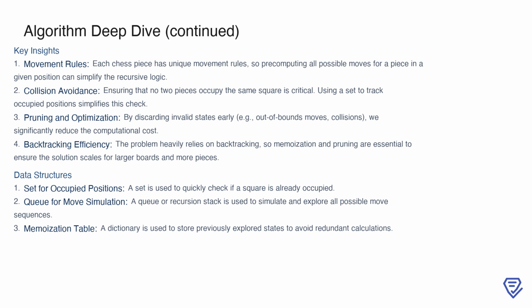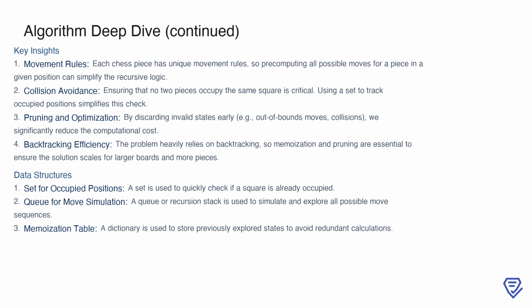Several key insights emerge from this approach. First, the unique movement rules of each chess piece mean that pre-computing all possible moves for a given piece at a specific position can simplify the recursive logic. Second, avoiding collisions between pieces is critical, and using a set to track occupied positions enables efficient checks. Additionally, pruning invalid states early, such as out-of-bounds moves or collisions, is essential for reducing computational cost.